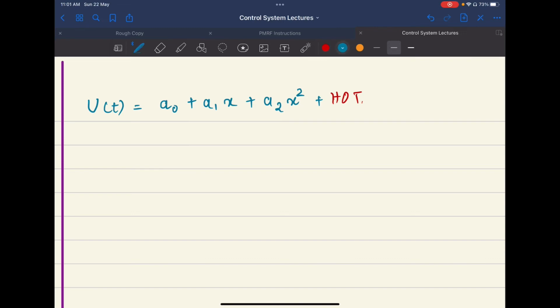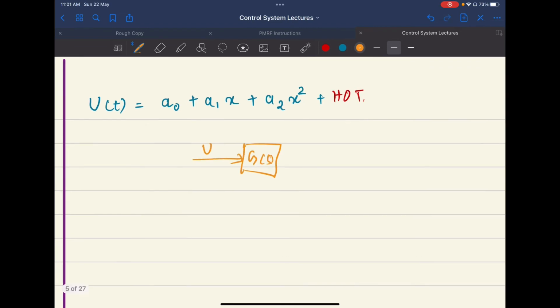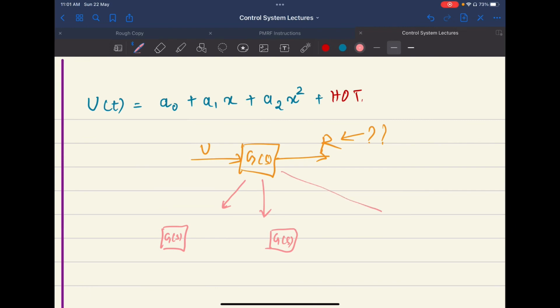So just look at it. Suppose my system, like the G of s, to which I am giving the input u, and I require the response R. Let's decompose the input itself into different parts. One is G, the same G here and here.